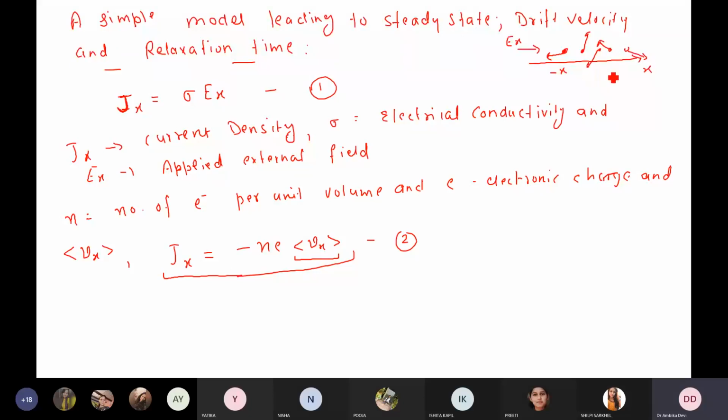So the distribution of the velocity is isotropic, the same in all directions. Under that situation there will be no current because there is no directional flow of electrons, so the current density will be 0. If Ex is 0, then Jx will also be 0. But this is the situation when the electric field is applied to the system.